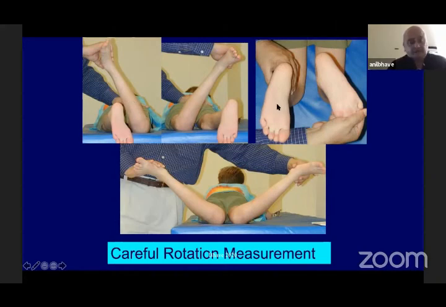And then you look at the thigh foot axis angle, which is an angle measured from a line drawn from the center of the heel to the second metatarsal head in relation to the femur. Some people measure the bimalleolar axis in relation to the thigh. Some people measure thigh foot axis, but the idea is to look at the component of rotation between the knee axis and the ankle and foot axis.